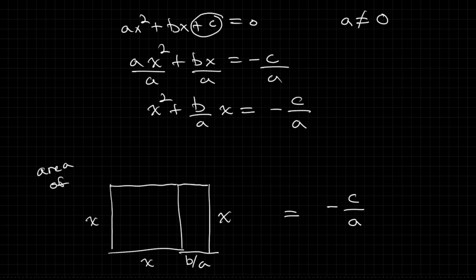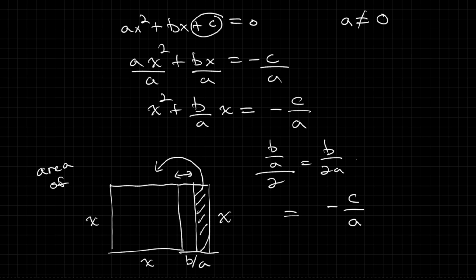We'll go ahead and split this in half, move this right-hand piece to the top here, and if you do that, then the length of this new rectangle is going to be not b over a, but b over a divided by 2, which is b over 2a.